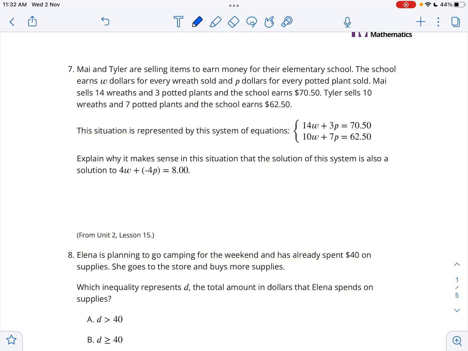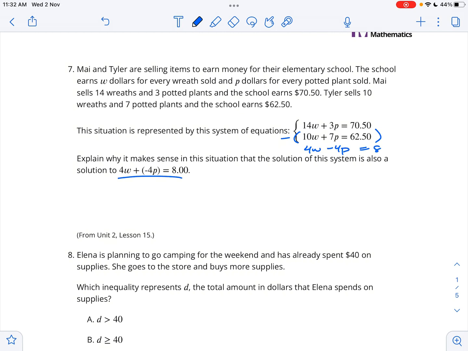Well, the way that you would get this equation right here is by subtracting these two equations. So if I did 14 minus 10w, that's where the 4w comes from. 3 minus 7 is negative 4p, and 70.5 minus 62.5 is equal to 8.